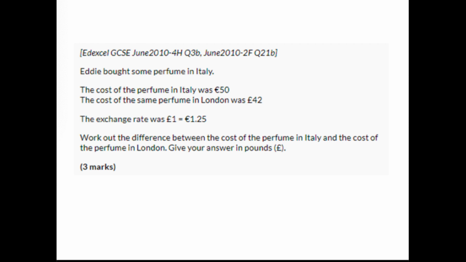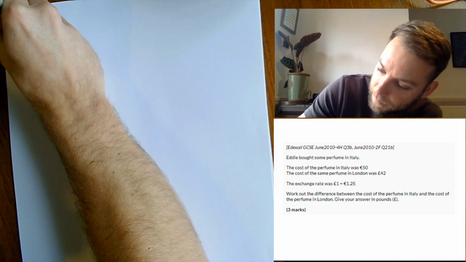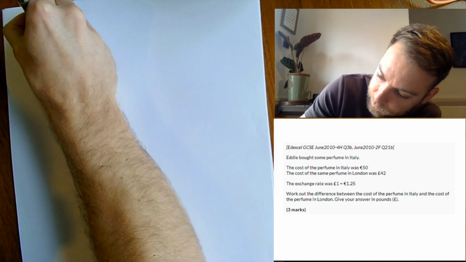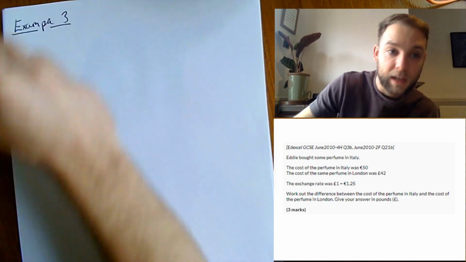Work out the difference between the cost of the perfume in Italy and the cost of the perfume in London. Give your answer in pounds. So when I'm looking at this one here, make sure you're getting this one down. This is example 3 now.